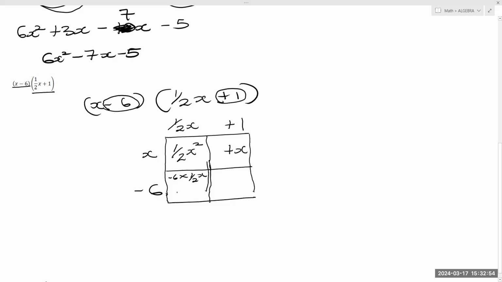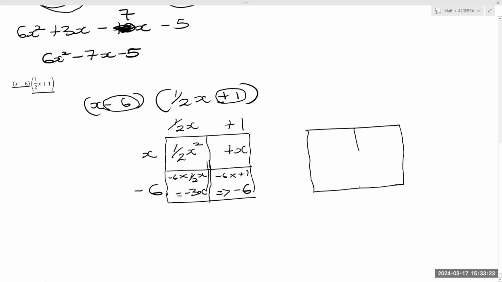That will be -3, or you get a -3x. Okay, and then we have -6 times plus 1. You can also write it out like this, times plus 1. A negative number times a positive number will give you a negative number, which is going to be -6. And you can just draw another box again just to show the final answers if you want.